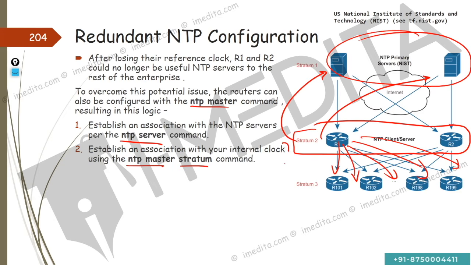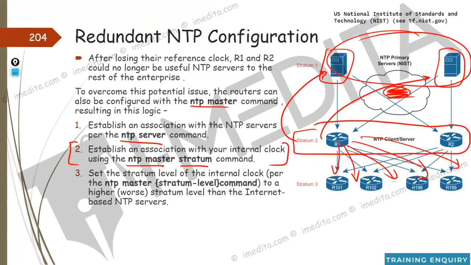The benefit of this second portion of configuration is that if they lose connectivity to the internet and to these public NTP servers, they will still keep taking their time from the internal clock and supply time to other devices.